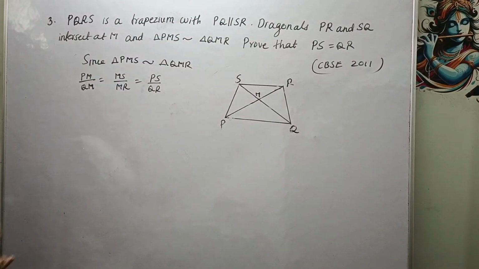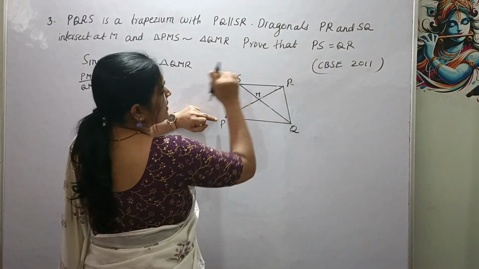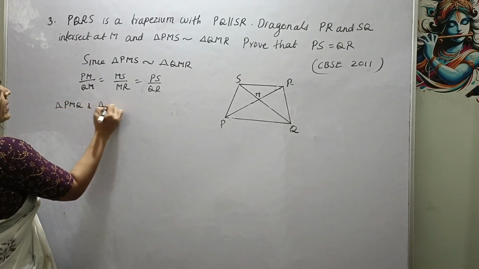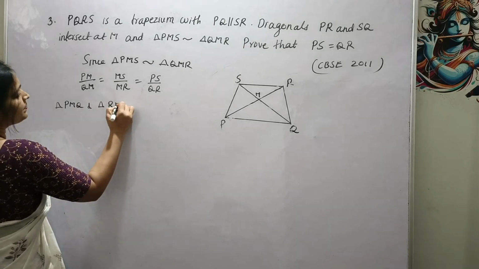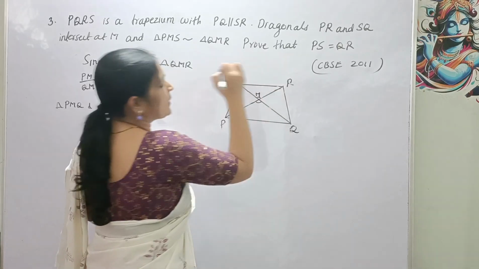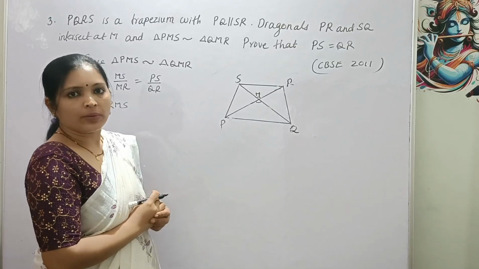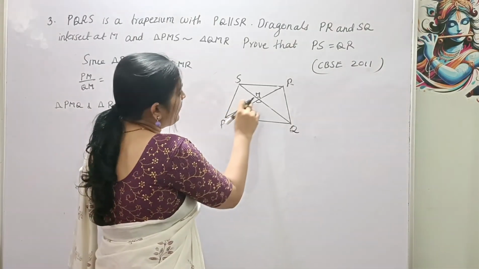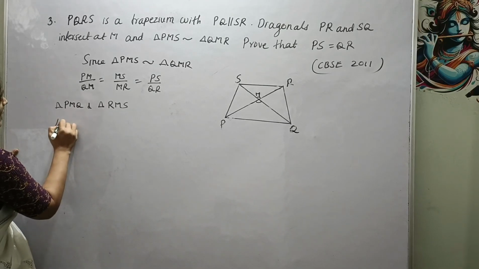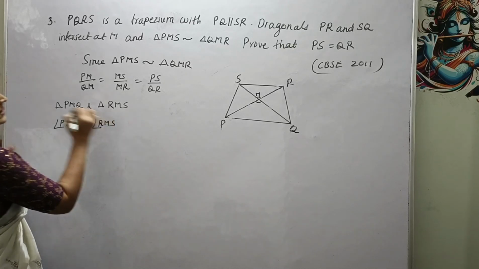Okay. Now, let's consider two triangles, PMQ and RMS. See, in these triangles, what about these angles? These angles are vertically opposite angles and these are equal. That is, in triangle PMQ, angle PMQ is equal to angle RMS.